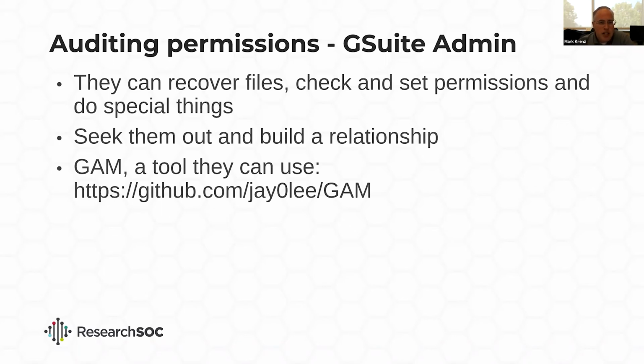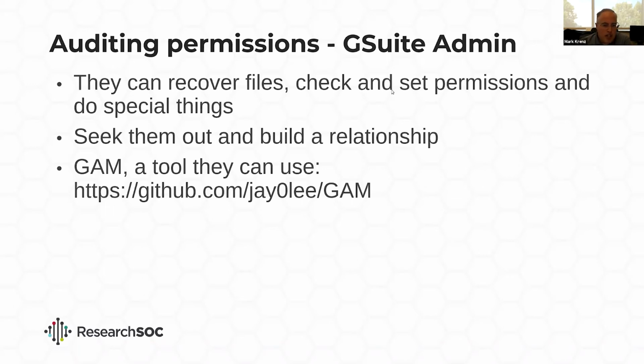So the first one is, if you happen to be a G Suite administrator, you can do special things, and it's good to seek them out and build a relationship with them in case you do run into problems, so you can contact them quickly and maybe try to recover things or restrict access to things if you need to. They can recover files, they can check and set permissions and do special things.